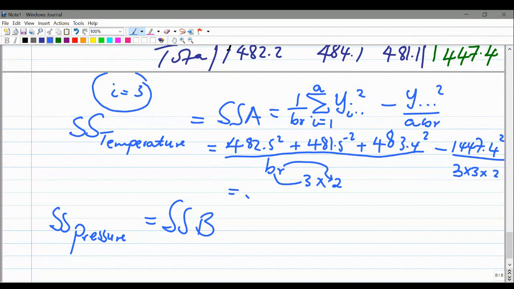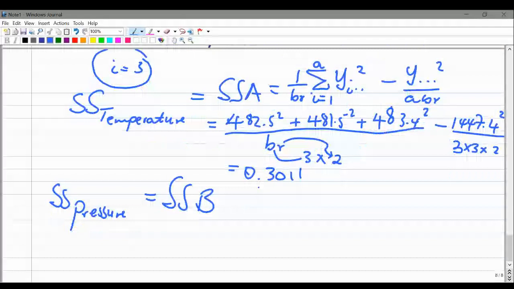Zero comma 3011. Is the final answer yes? 0 comma 3011. So you do the same with the what?